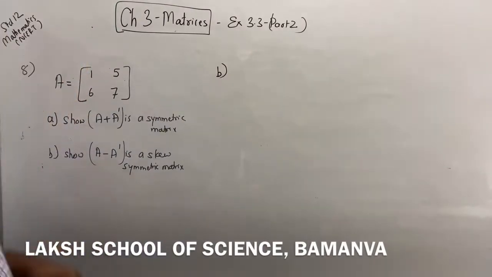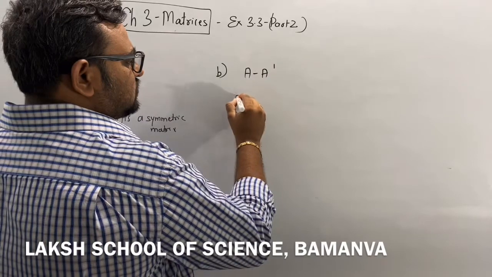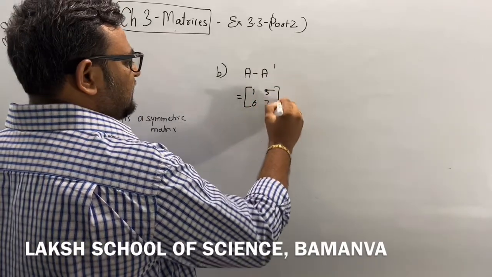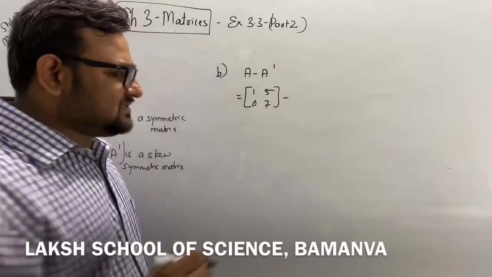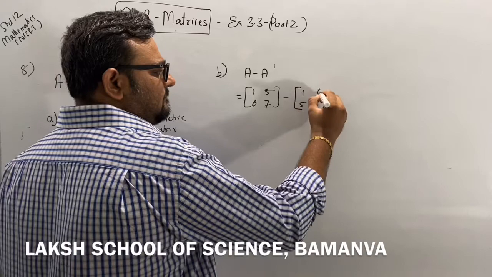B, A minus A transpose. So what is this? A, I will write down 1, 5, 6, 7, minus, convert it into column.